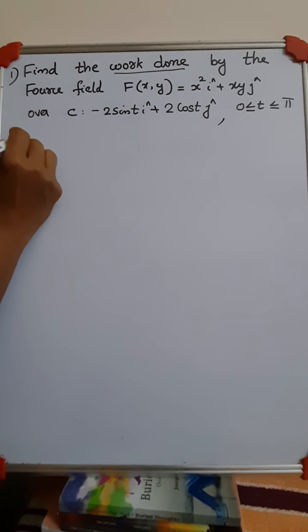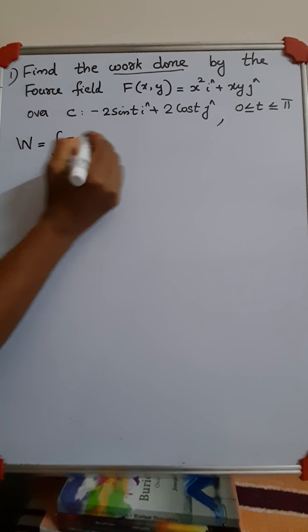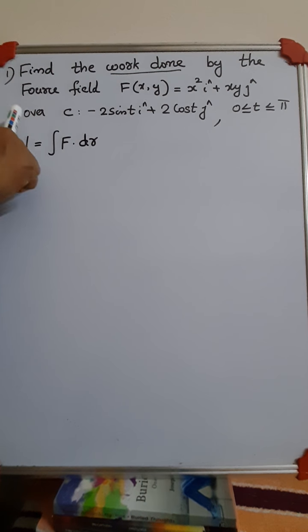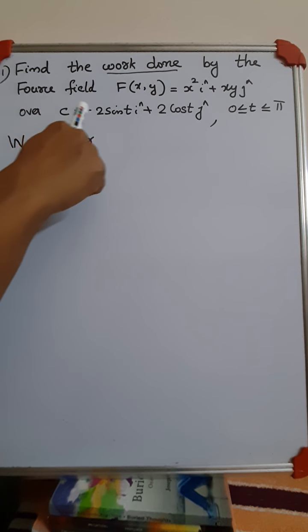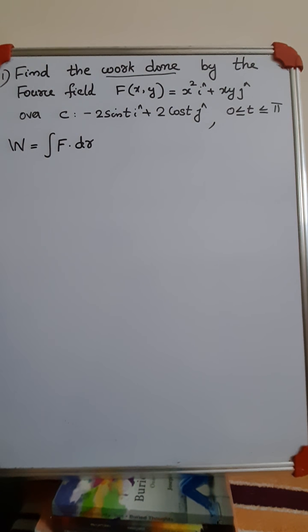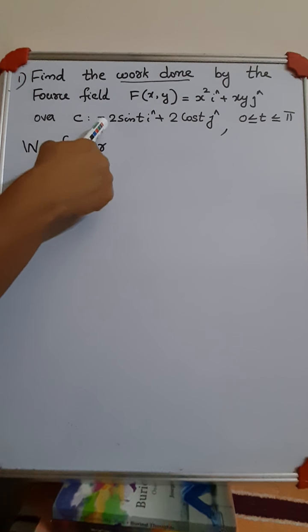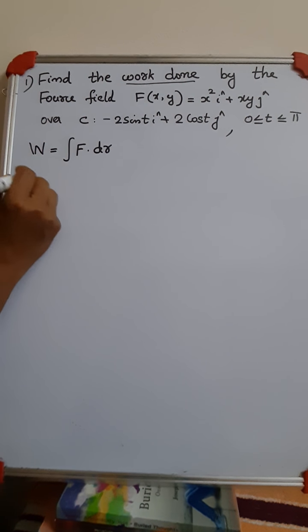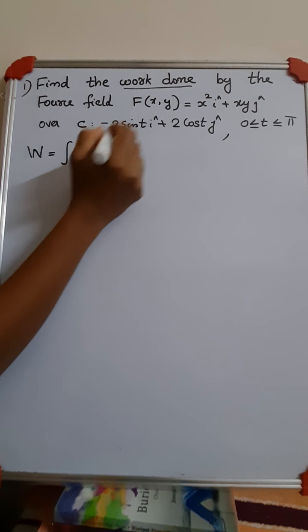What is the formula for work done? W is equal to integral over C F dot dr. In this case, the curve is given as a parametric equation. C is given as minus 2 sin t i plus 2 cos t j. So, we have to write what is dr. In this case, F is F of x, y.